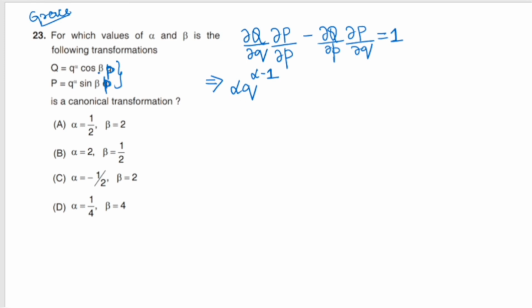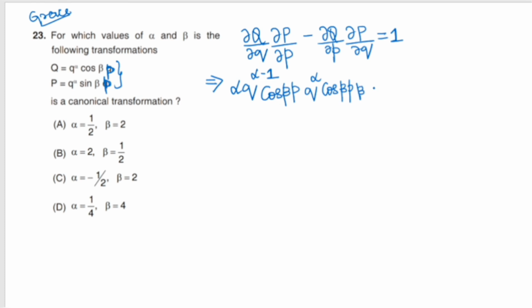So if I do beta, and beta is constant, p will be constant here, because we are doing the partial derivative with respect to q, right? So cos of beta p remains as it is, and we do the partial derivative of P with respect to p, q to the alpha remains same, and sine of beta p, it will be cos of beta p, and the partial derivative of beta p will be beta, right or wrong?